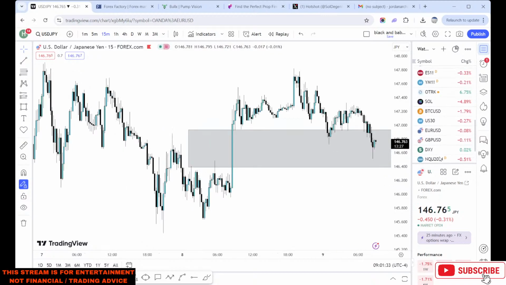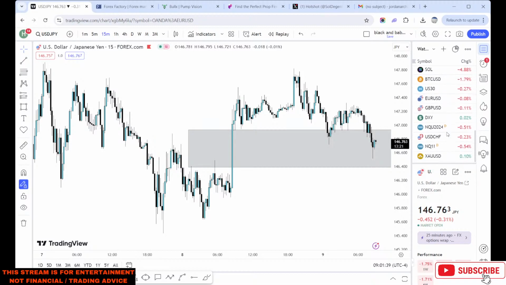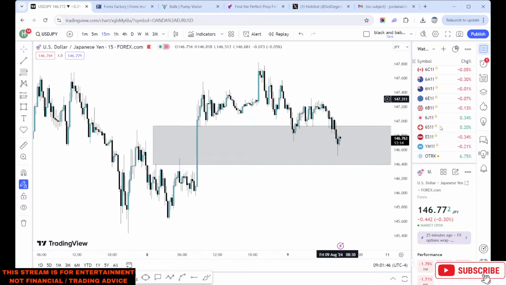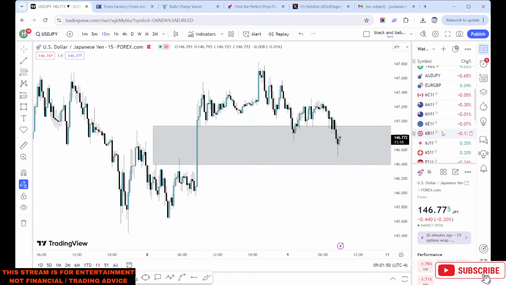So we're looking for 15-minute market structure shifts. We're waiting for some 15-minute market structure shifts on USD JPY and AUD USD right now.